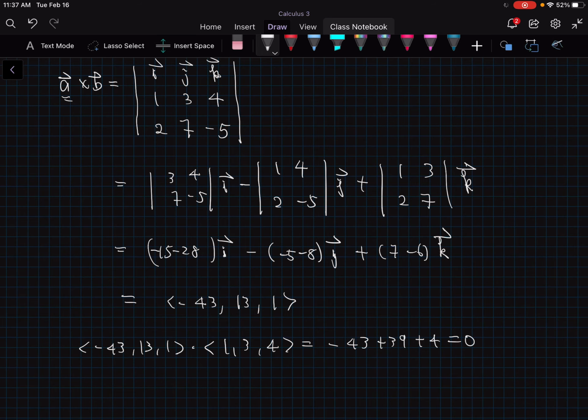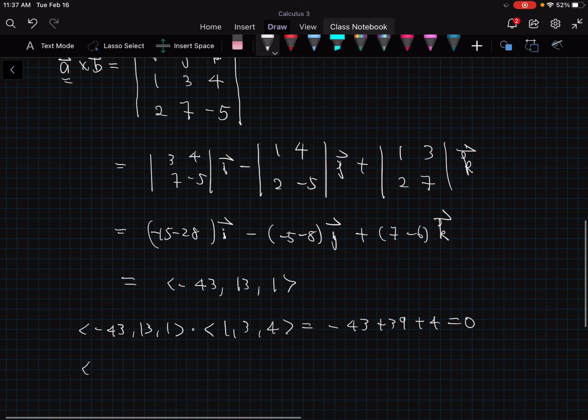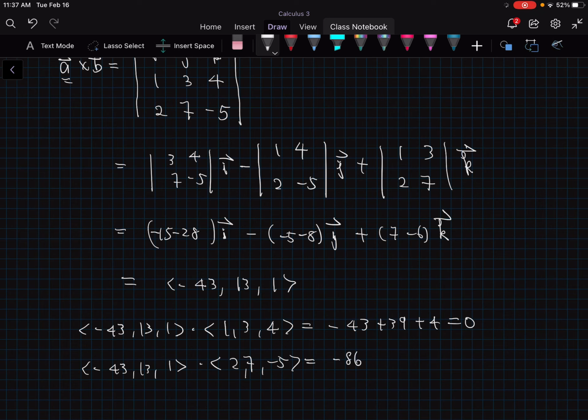Obviously, that's 0. Let's try with B. So -43, 13, 1 dot B, 2, 7, -5. What do we have? It's -86, plus 7 times 13, which is 91, and -5. Obviously, it's 0 as well.